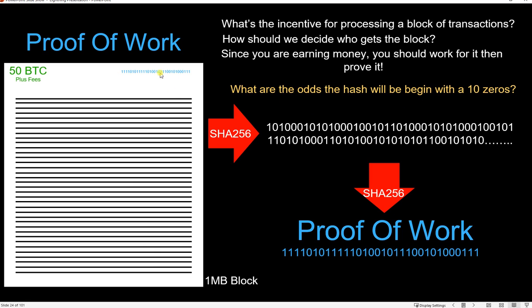Then they can add on your proof of work and hash it again, and see the result and say, hey, does it begin with 10 zeros? Yes. So the proof of work is this small little piece of information that proves to the whole network that you did the work. You guessed 4 billion times by hashing a number with a hash until you got the result.